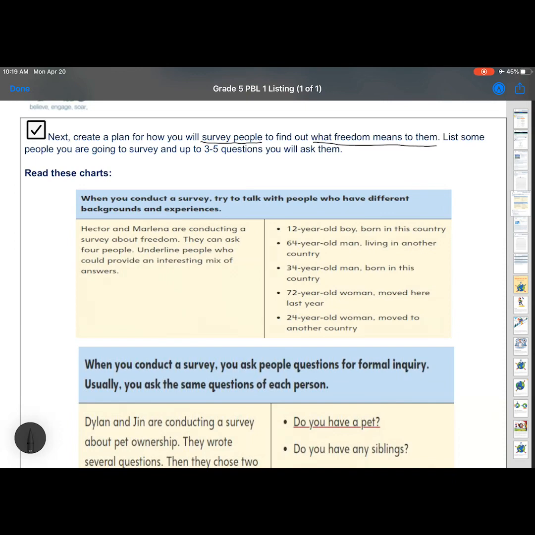List some people you are going to survey. Okay, who are you going to survey? And up to 3 to 5 questions you will ask them. Okay, so you can choose as many questions as you want.